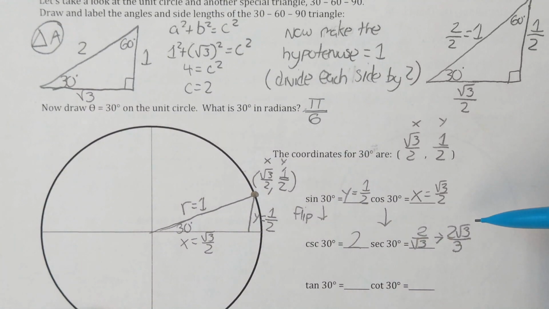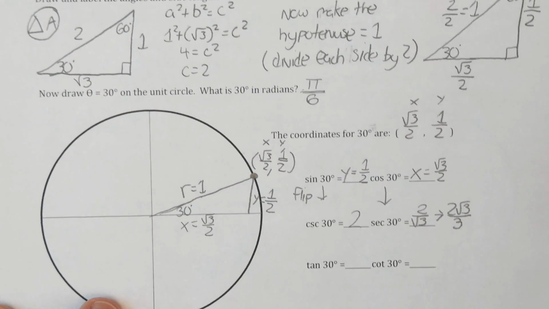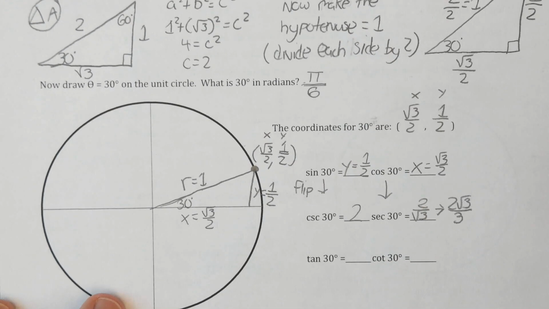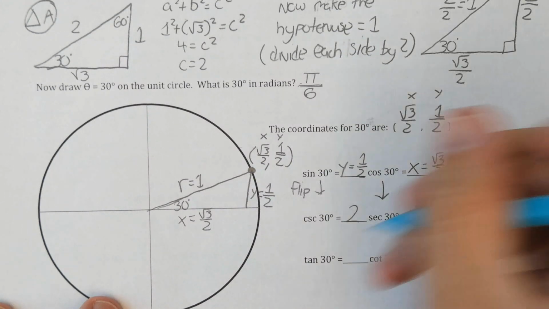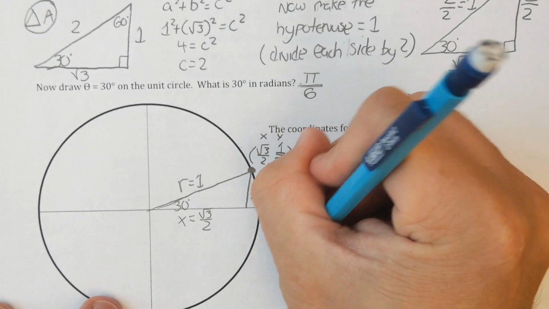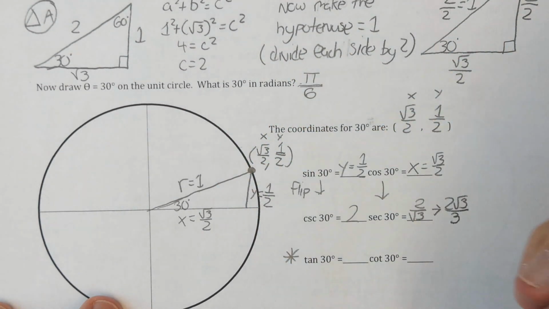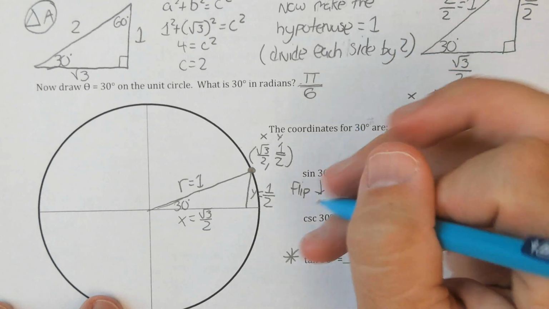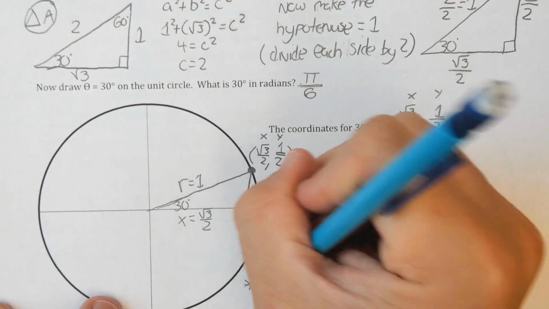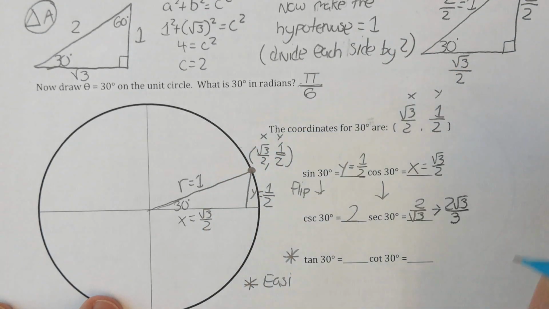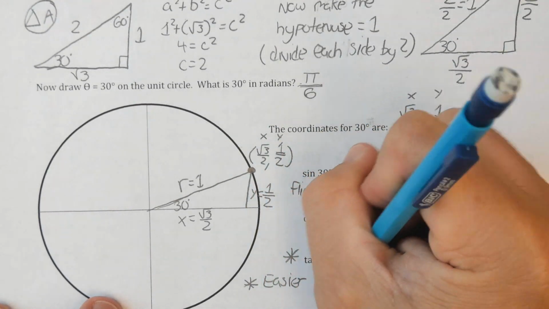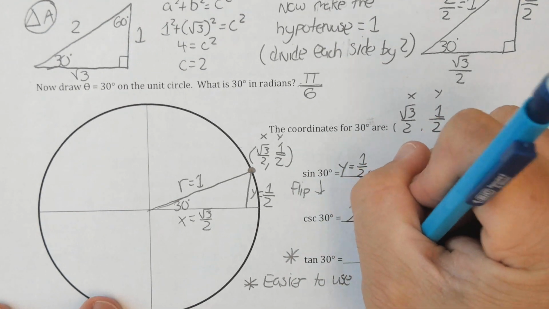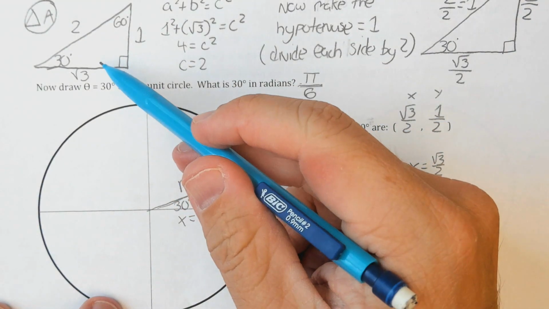All right? For tangent, I'm going to scroll up a little bit here. Still keep triangle A. It's going to be a lot easier to do with triangle A. You still can use the unit circle triangle, and that's fine because you're going to have access to your calculator, but it's a lot easier with triangle A, which was just our original 30, 60, 90 triangle.